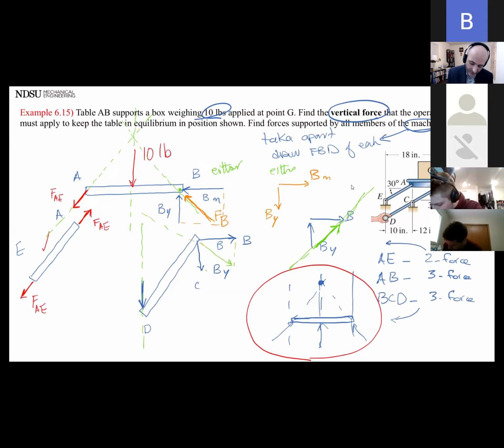Wherever I put my forces at C, they're going to end up going this way too, which I think if I go Cx this way, Cy this way, I'm good, because the line of action is kind of here. Let me fix it.